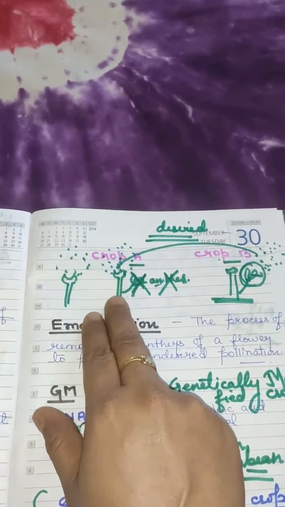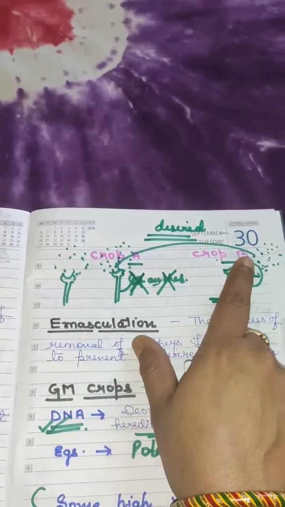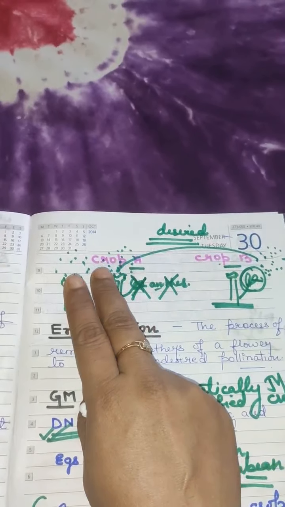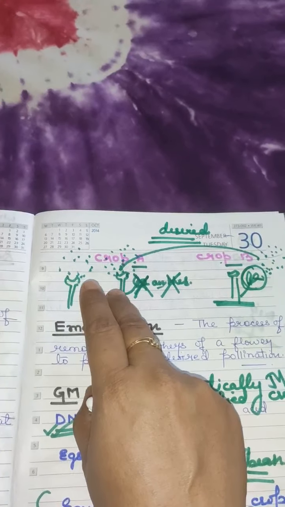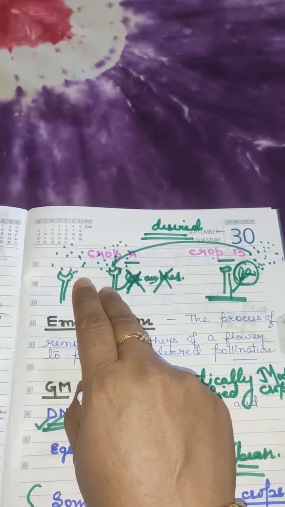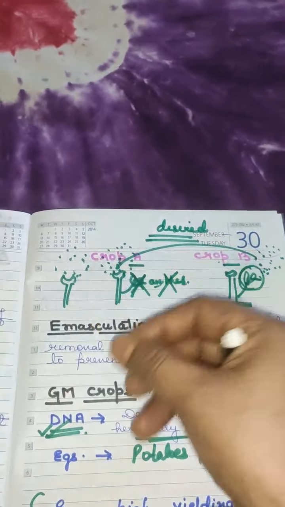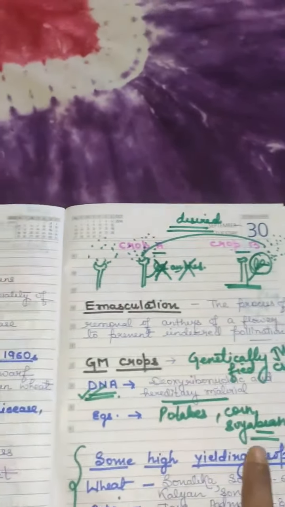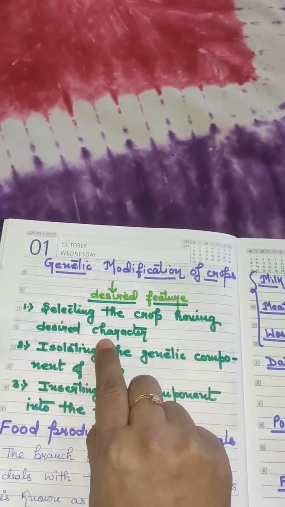Here the pollination occurs, as the pollen is transferred from crop B to crop A. After pollination, fertilization takes place, and then the desired character can be obtained. Clear?